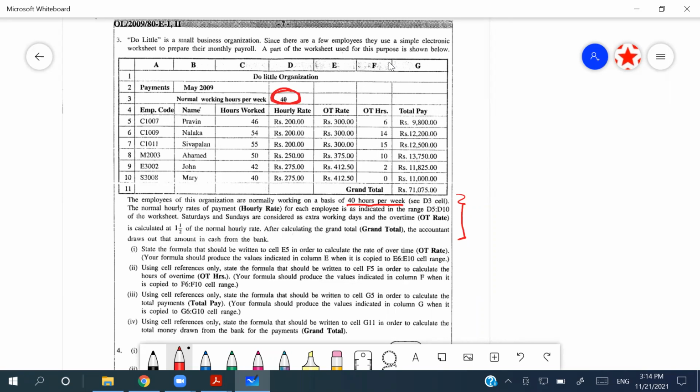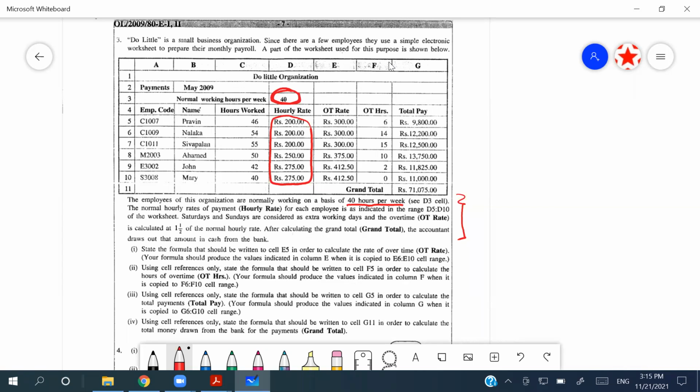This indicates the normal pay rate, how much they will get paid per hour when they are within the normal working hours. Then it says Saturdays and Sundays are considered extra working days, and the overtime rate is calculated as 1.5 times the normal hourly rate.